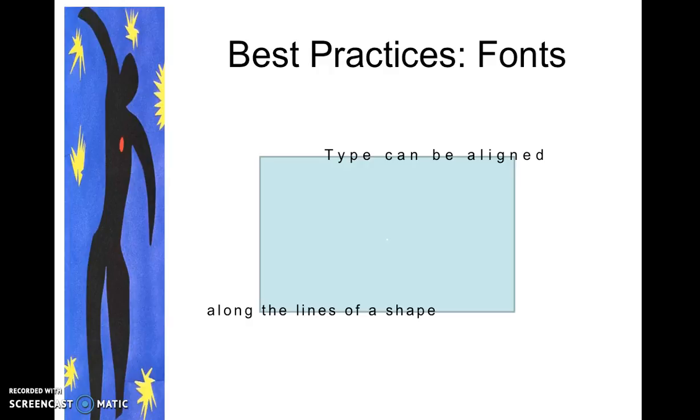Alright, so problem number one is the fact that it's offset. Type can be aligned, but it's pushed too far right, and along the lines of a shape is far left. Since we read in English left to right, our eye and our mind is going to draw us to the lines of the shape because that's flush left. It must be the first thing that we read.